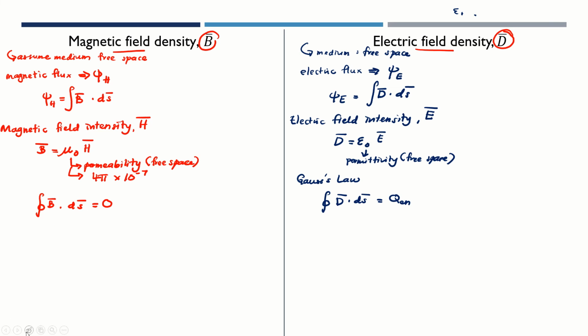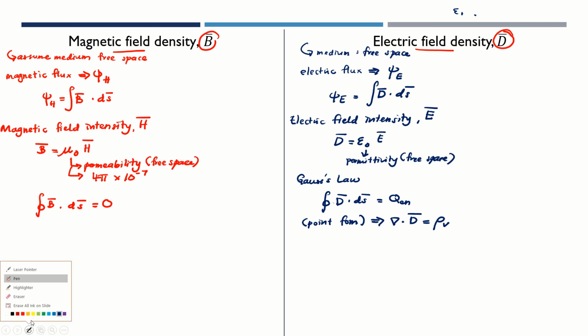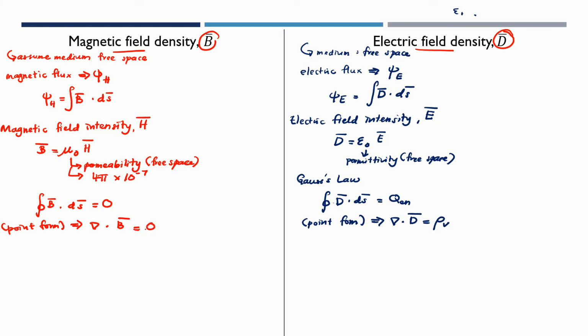And for these electrostatic and magnetostatic field equations, we can change them to the point form. The point form of this equation can be represented as del dot D equals rho v, and this one we can also change to point form, where it will be del dot B equals to 0.